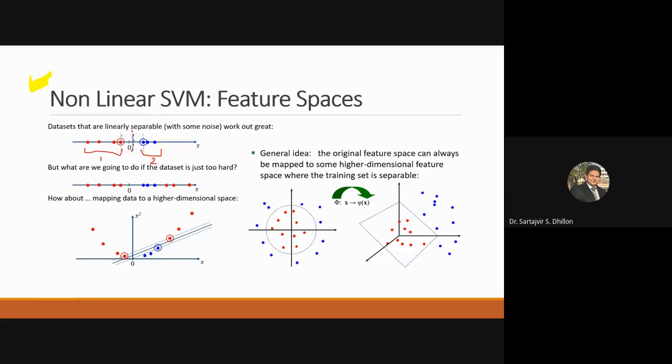So this is the maximum margin. We can call this Z1, and this one is referred to as Z2. This is the maximum margin, and we can easily intersect with a point.